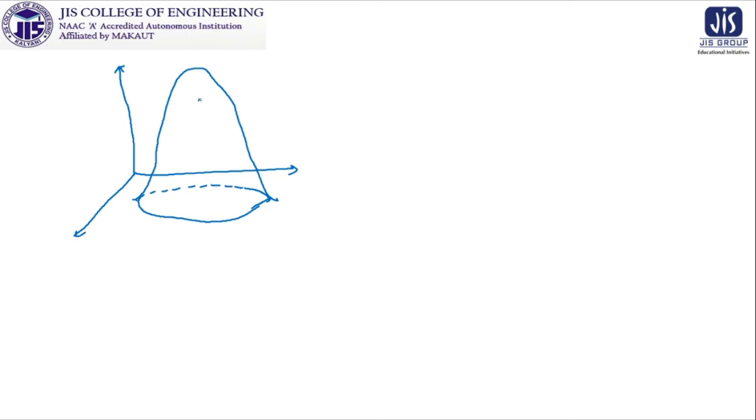So suppose this is Z, this is X, this is Y, and this point is (a, b). So what is a? x equal to a. That means if we draw a dotted line over here, it is a, it is b, and this is the dotted line from a to b, and this is the point a, suppose.